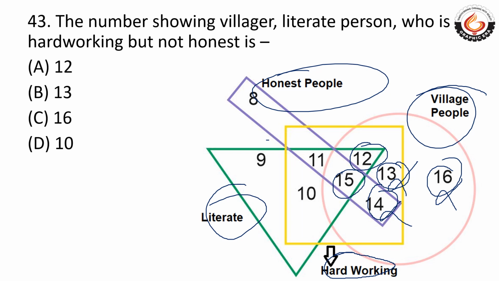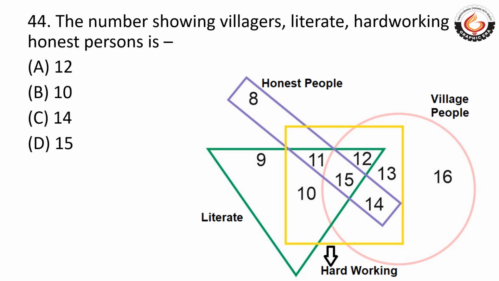Now they are asking who is hardworking. Again 12 and 15 are hardworking because this is in the yellow square box. But not honest. This 15 is honest. This 12 is not honest. So 12 and 15 is not the correct one. Answer 12 is the correct one.